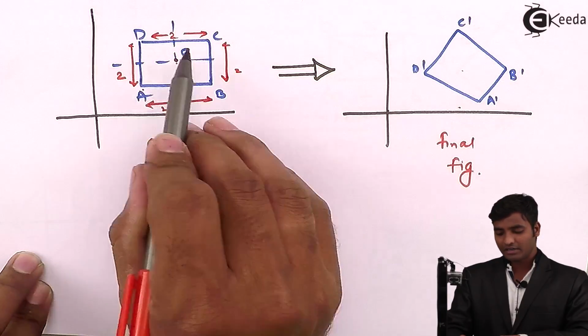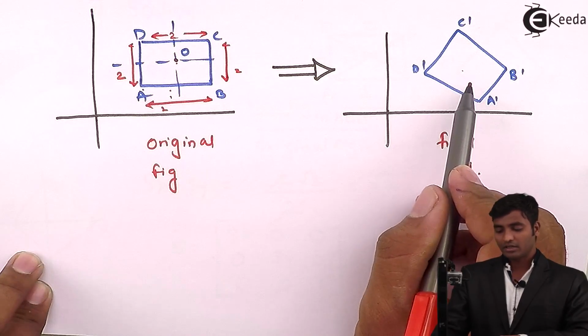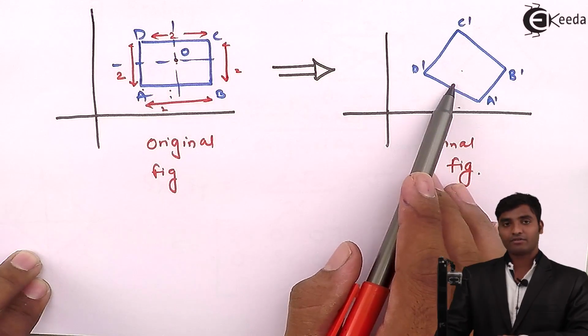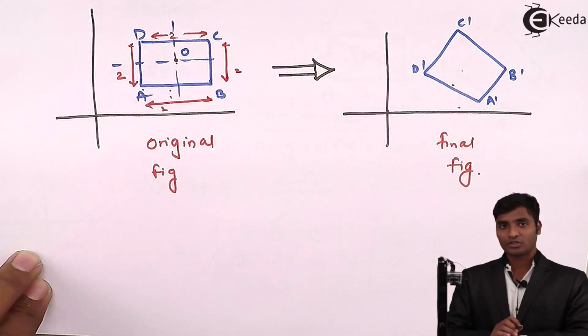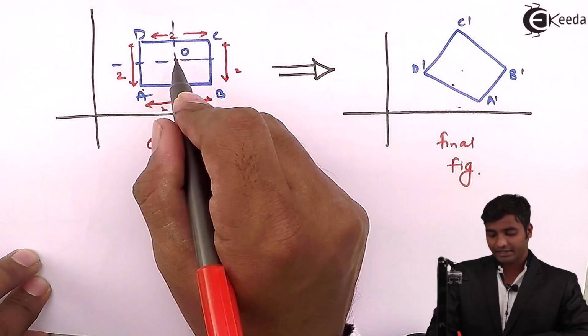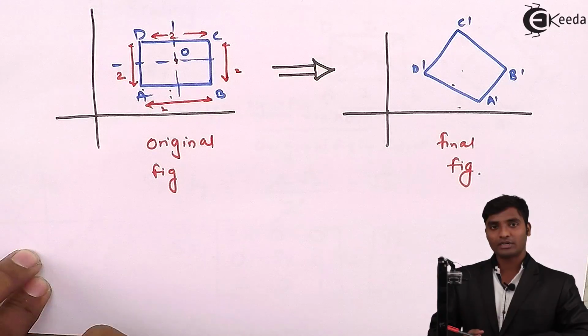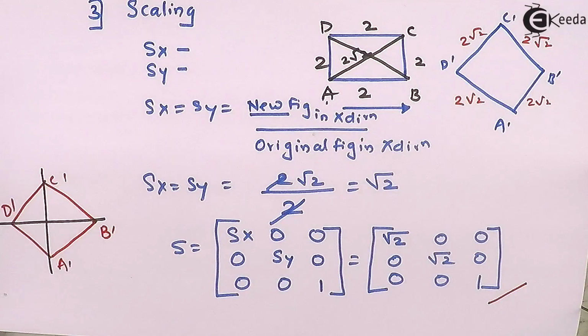So to convert this square into this square, I have to place the transformed square back to its original position, which means I have to translate O back to its original position. So the last transformation I have to do in this problem is translation, because the figure initially is away from the coordinate axis.